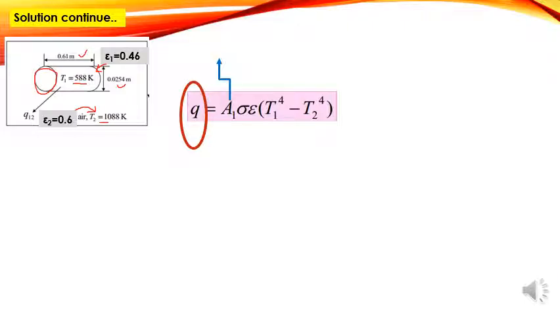Here, object 1 is in the shape of a cylinder, so the surrounding area is at this layer, the outside layer of the cylinder. That's why the formula here is pi dl.